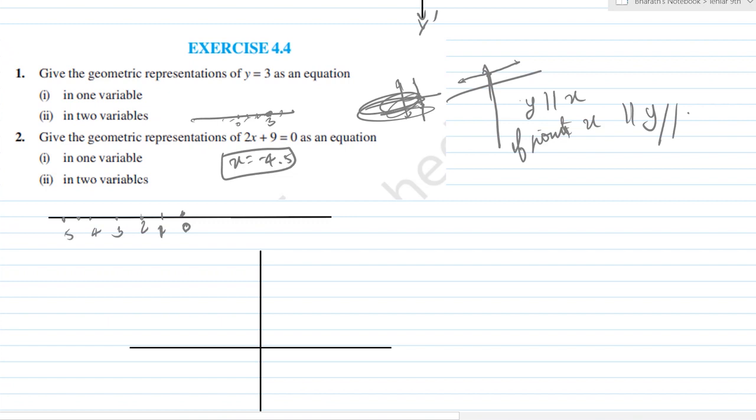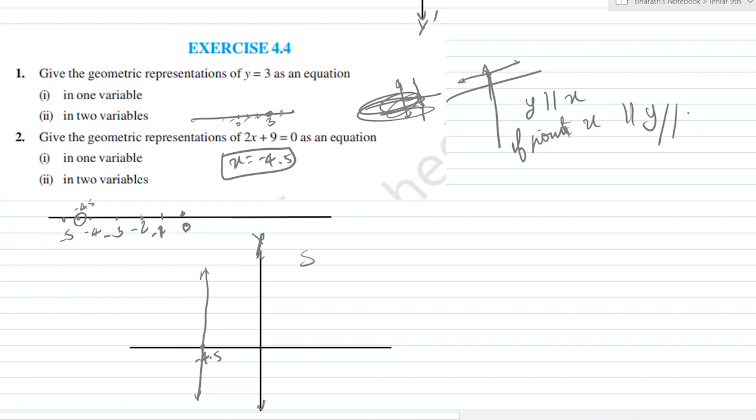Somewhere in between it's minus 4.5. These are all negative values. So here we'll just mark it, and same way here, somewhere here it will be minus 4.5. So just draw a line here. It will be parallel to our y-axis, right? You can see it clearly in the graph.